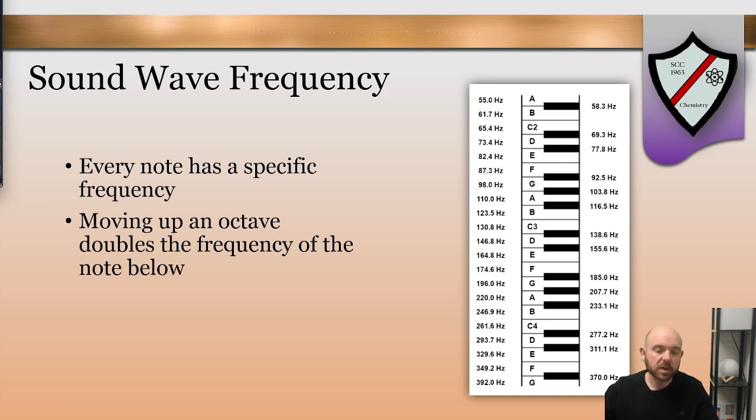Every time you move an octave up, like say from the key C2 up to the key C3, all that happened was the frequency doubled. So it's the same note, just at a frequency times 2 higher, and that's how we move up, as they say, octaves in musical recordings.